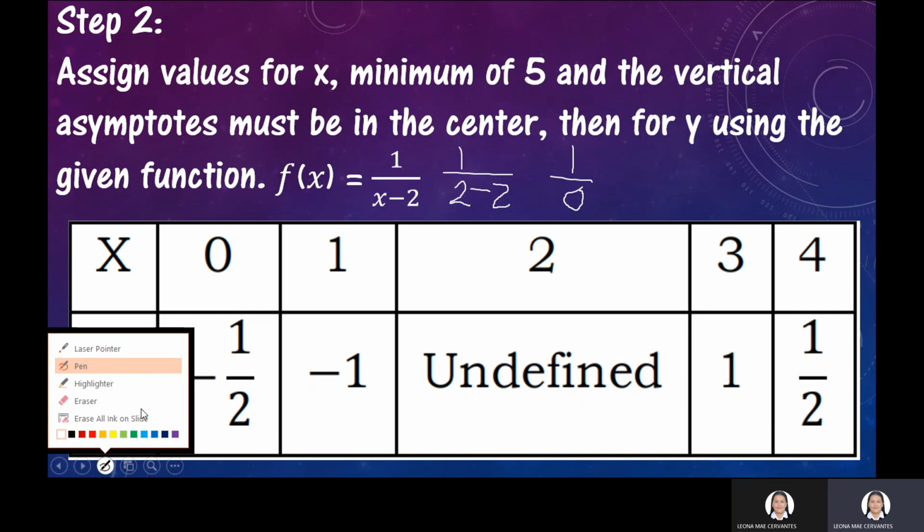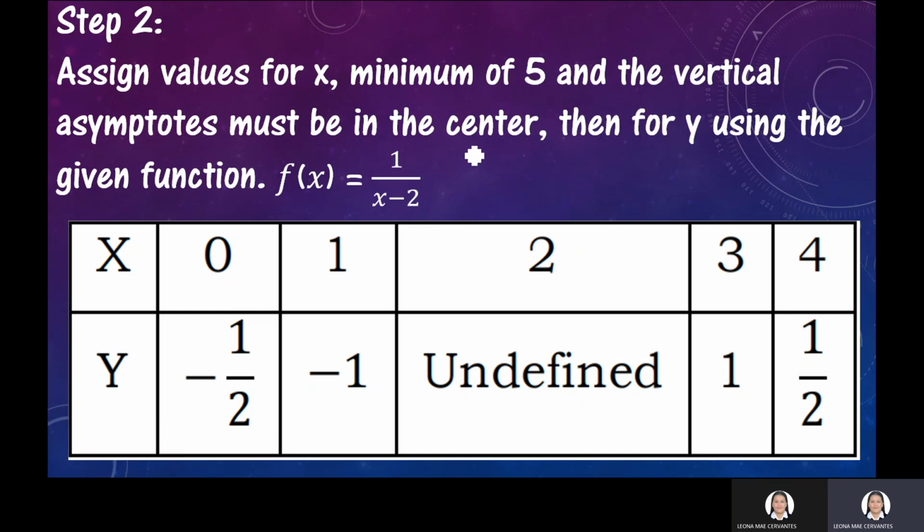Next, 1 over 3 minus 2. 1 over 3 minus 2 is 1 over 1, or 1 divided by 1, which is 1. So, y is equal to positive 1.